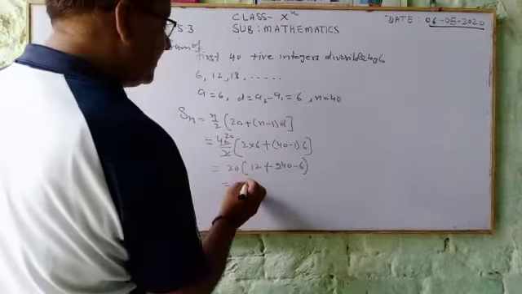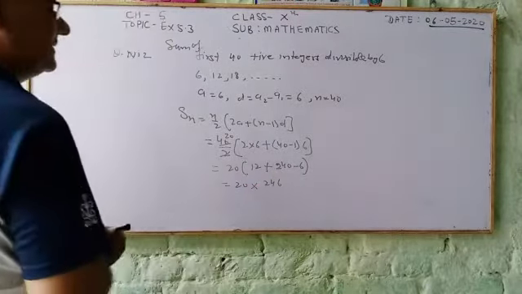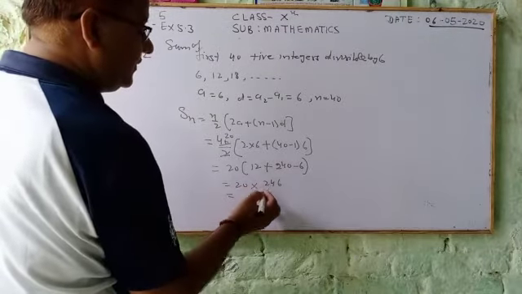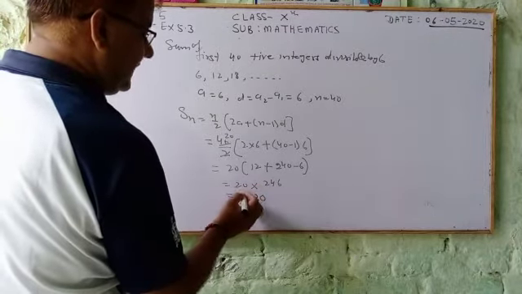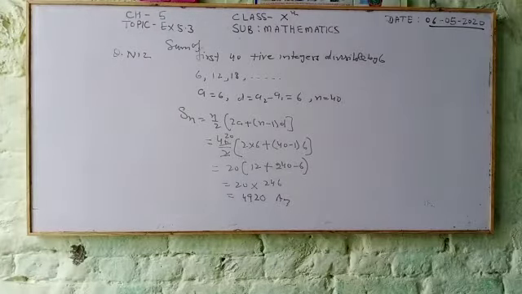This becomes 20 into 246. After multiplication we get 4920. We get the answer. We are taking question number 13.